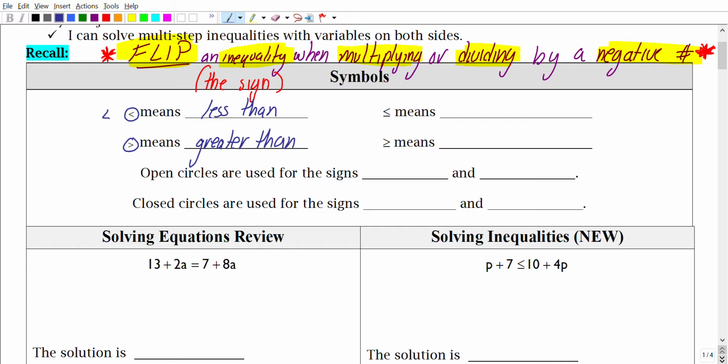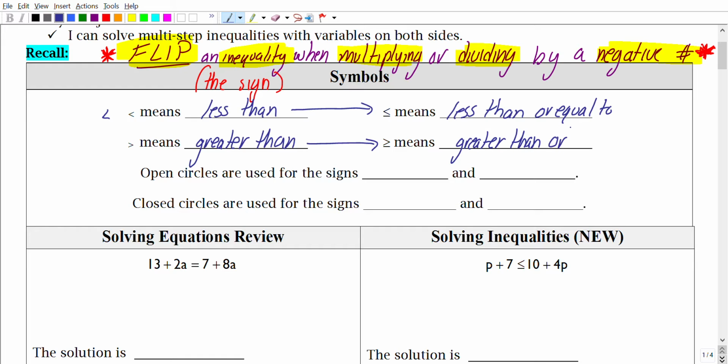If we look at these two, they're very similar. It's also a less than, except now it has that little line underneath, so it's less than or equal to. And finally, those two are the same, so it's greater than or equal to.